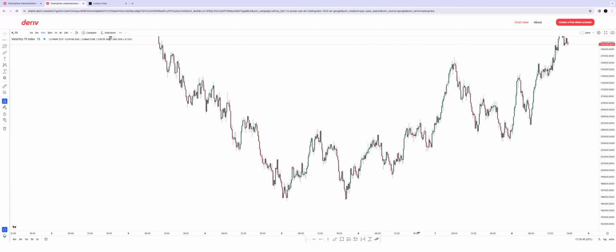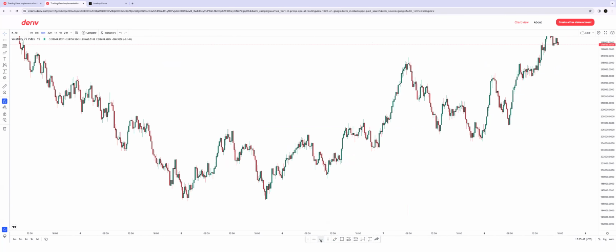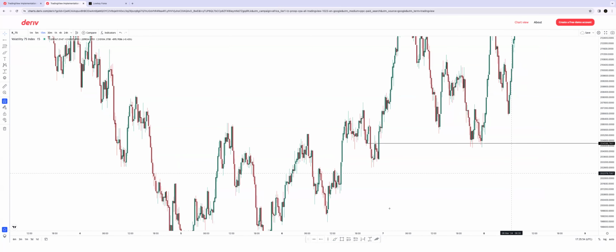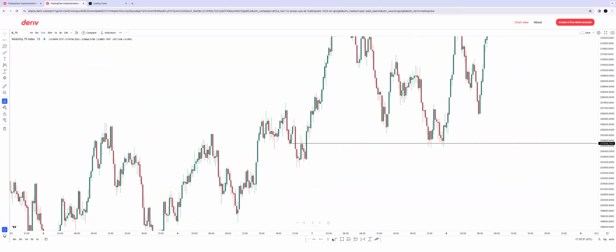So we have an example right here, whereby we have this invalidation. We are supposed to break our structure right here from this invalidation point.